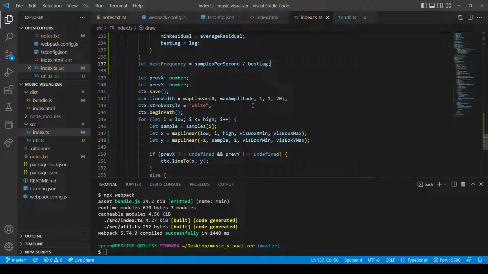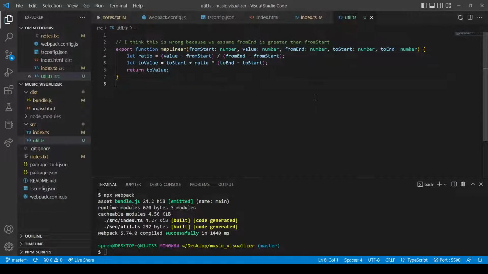I've done an interpolation between two colors before. That's pretty cool. Yeah, we could try that.